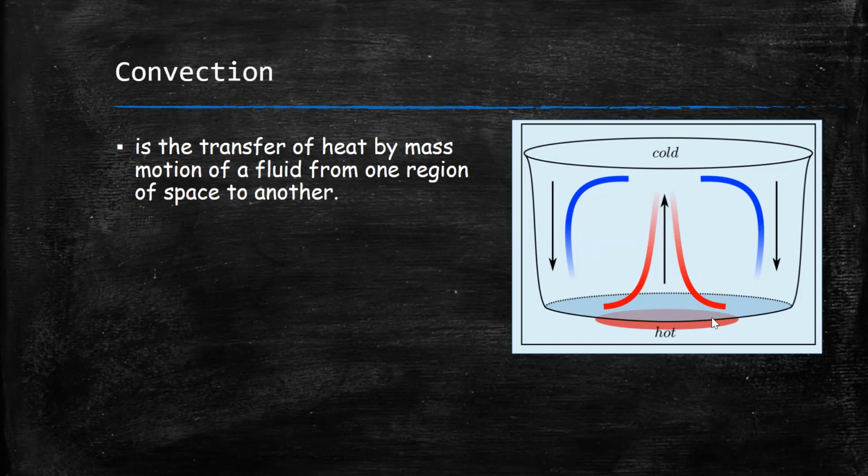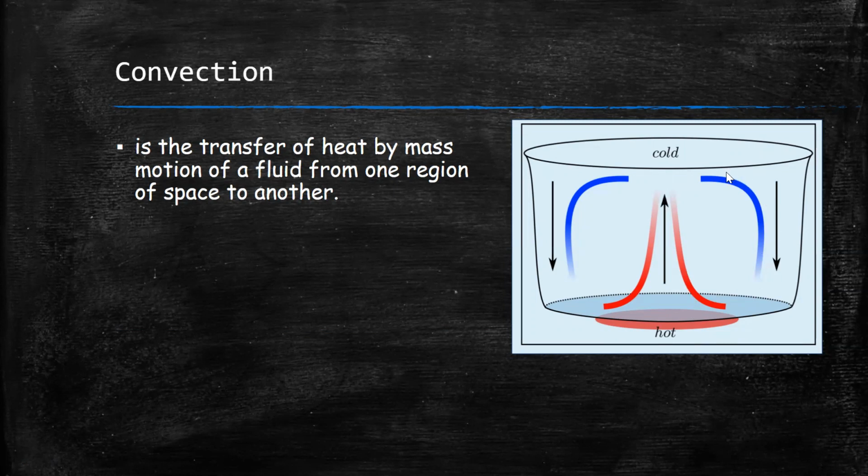So since the lower portion, which is the hotter one, becomes less dense compared to the upper one, the molecules will rise up. Once it rises up, the cooler region will now fall down or replace the molecules in the lower portion or the lower region.